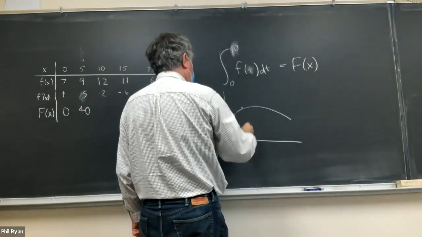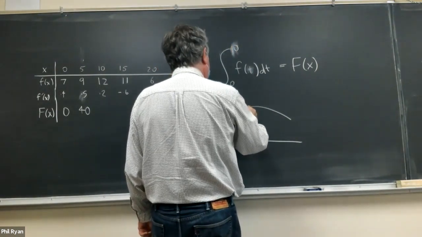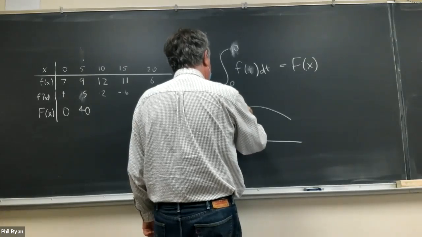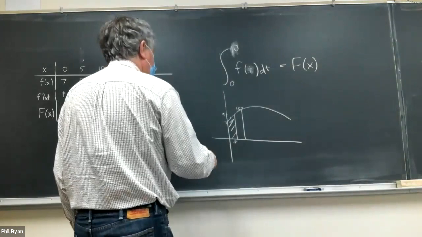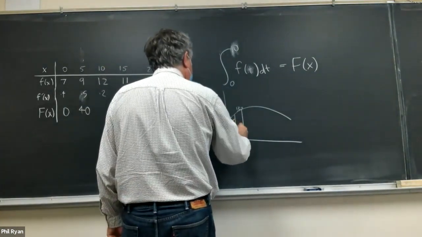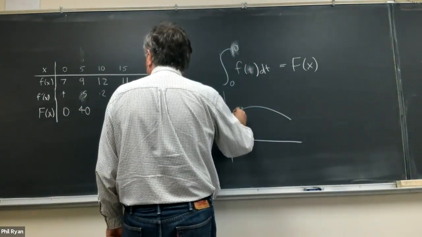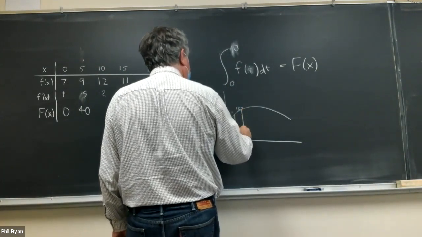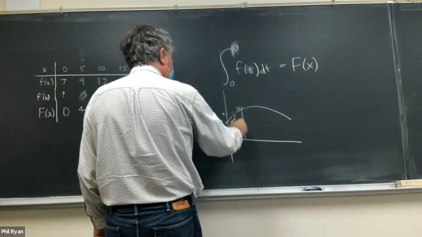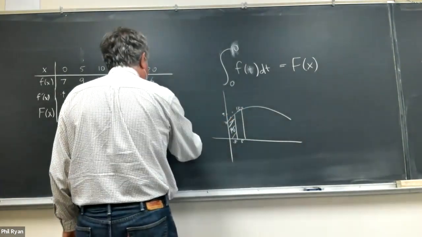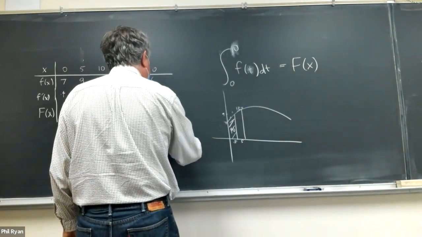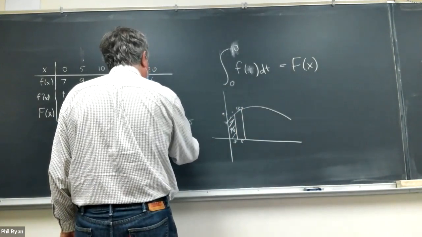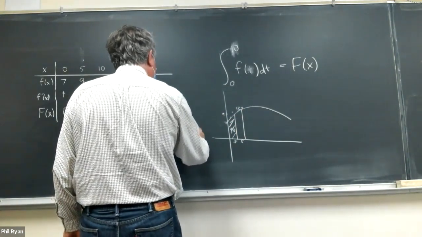Now 0 to 10. We do the same thing, but now we go up to 12. Well, if this guy here was 40, if this was 9 and this is 12, then in this rectangle here, it'd be 5 times 9 is 45, and 5 times 12 is 60.